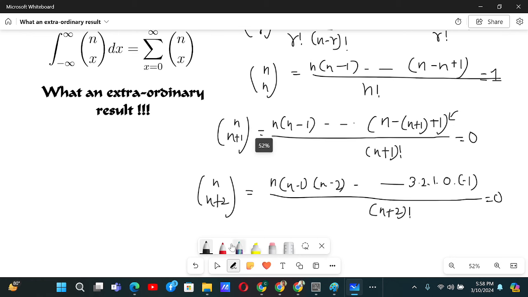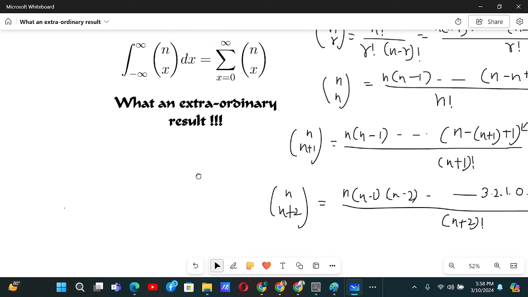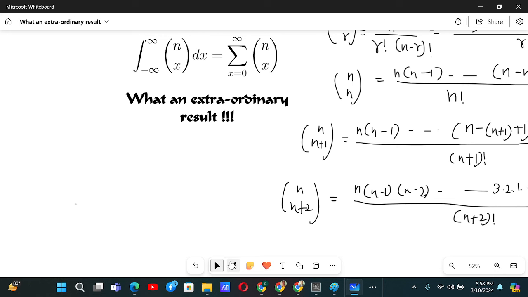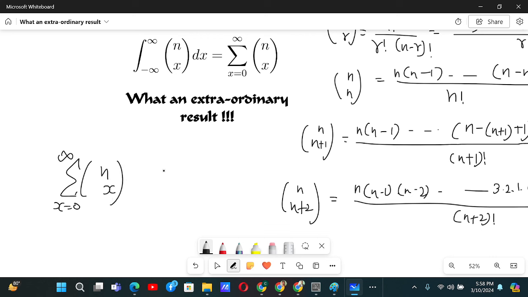So from here what I actually want to say is that in this infinite sum, when x is equal to n plus 1 or n plus 2 or anything bigger than n, in that case n choose x is just 0.